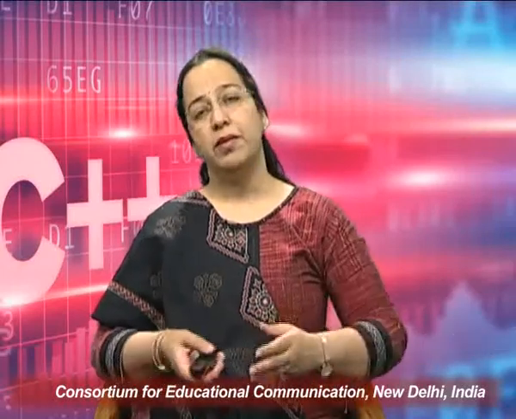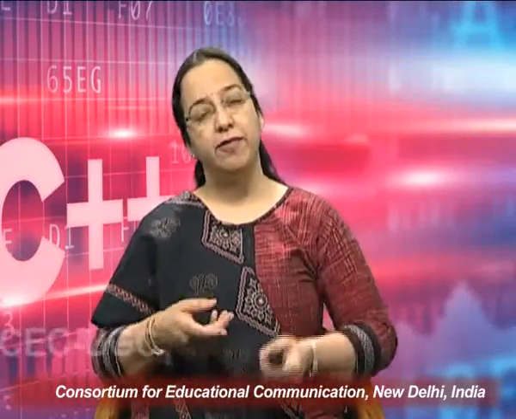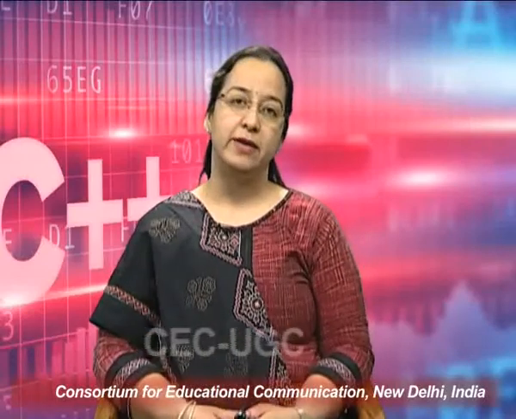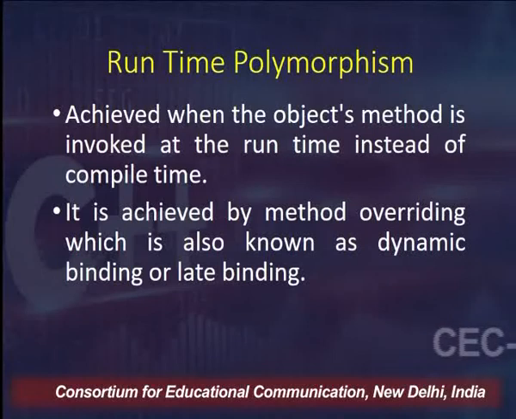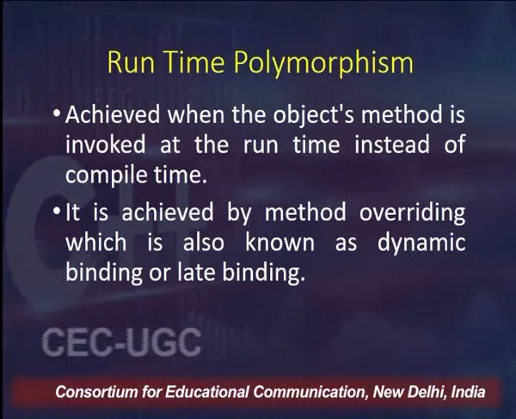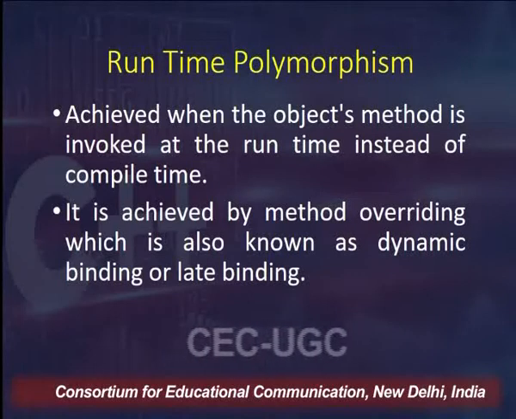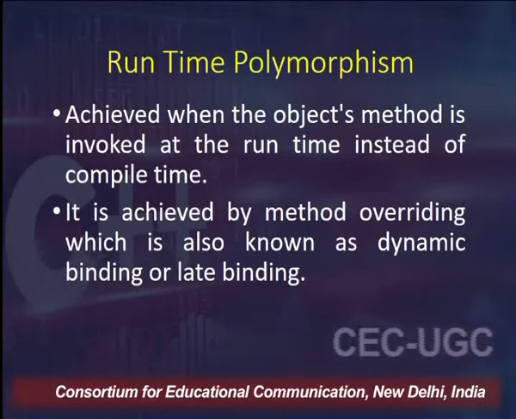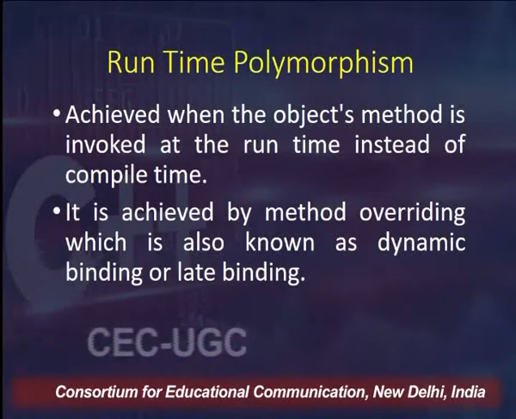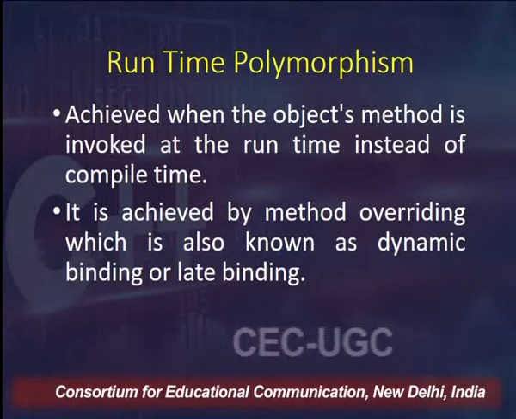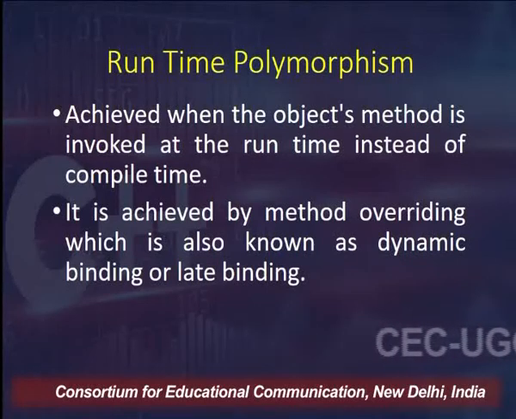Coming to the details of runtime polymorphism. Runtime polymorphism is achieved when the object's method is invoked at runtime instead of compile time. So the method which is being called by an object within the main function is not being invoked at the time of compilation, rather it is being invoked at the time of running the program.